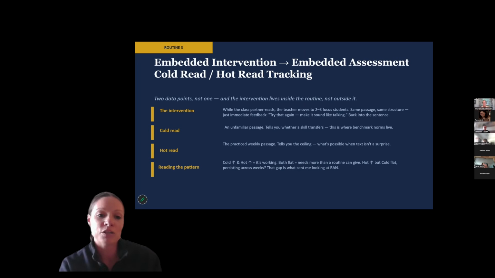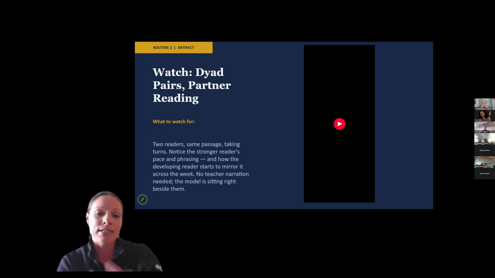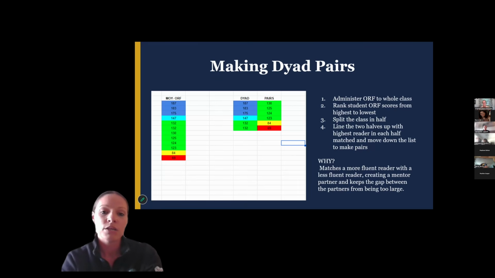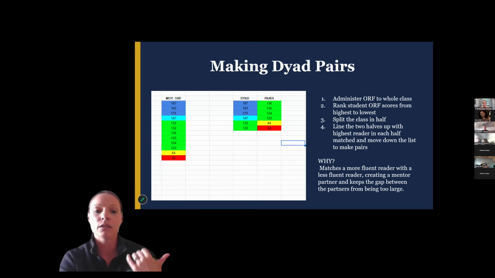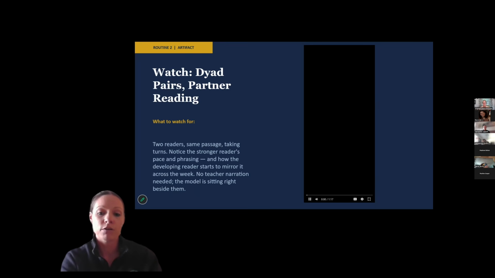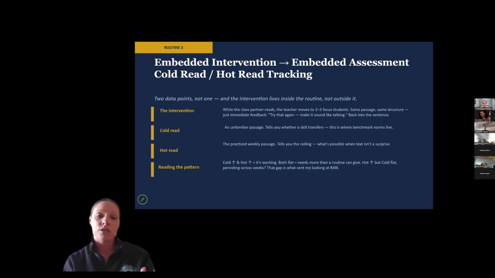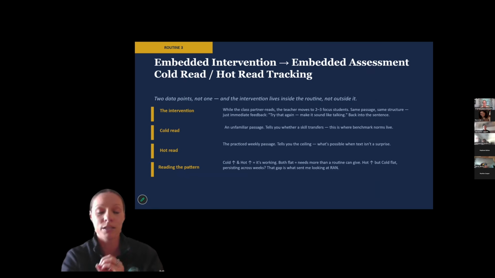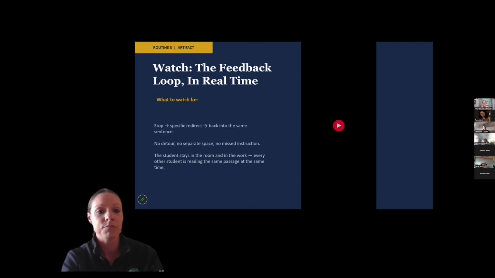So if we go back to my data from the dyad partners, you will see those two students, my 84 and the 69. Those two students were reading below benchmark at the middle of the school year. And they're the two students that I was able to target for further instruction within the intervention part for our oral reading fluency.